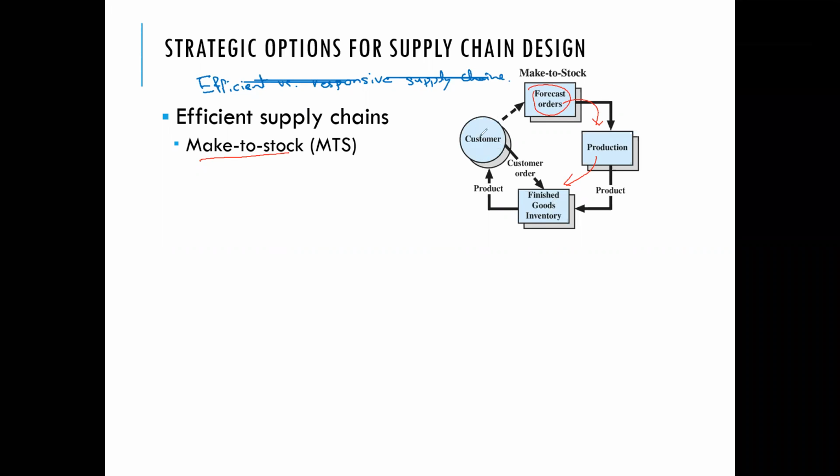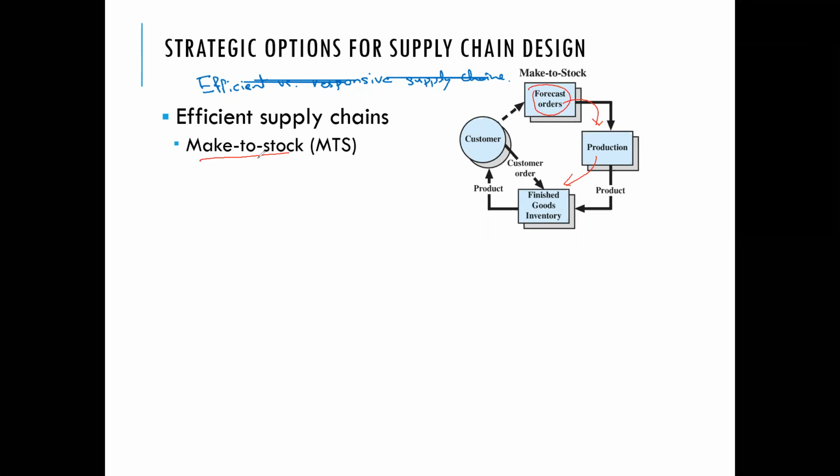And then when the customer asks for the product, we give the customer the product from the inventory. In other words, for make to stock products, the production is realized well in advance of the actual demand realization. Or in other words, the product is made well in advance of the actual demand realization. So that is what we call make to stock.